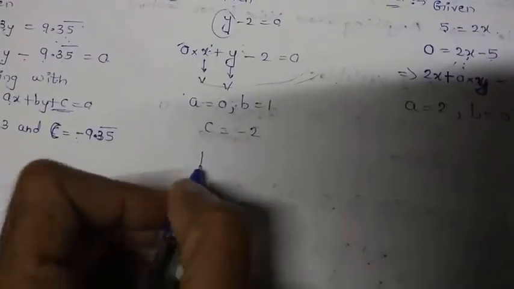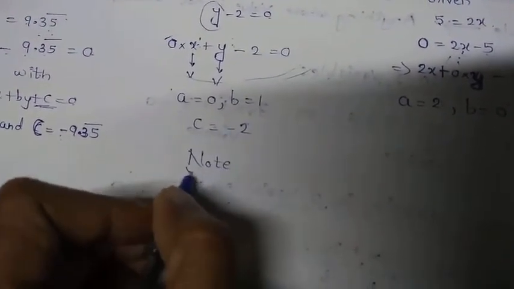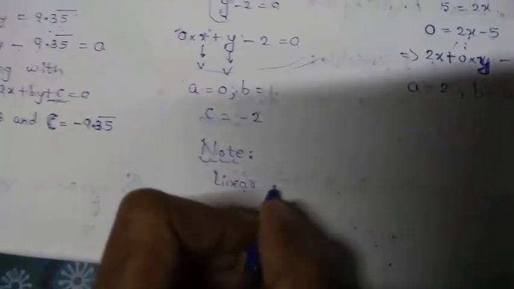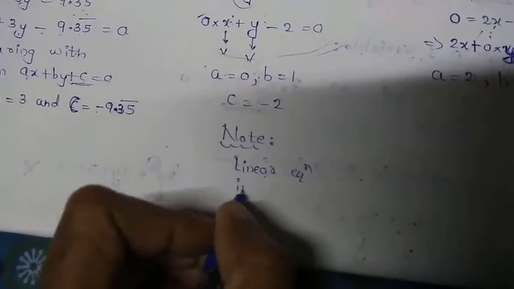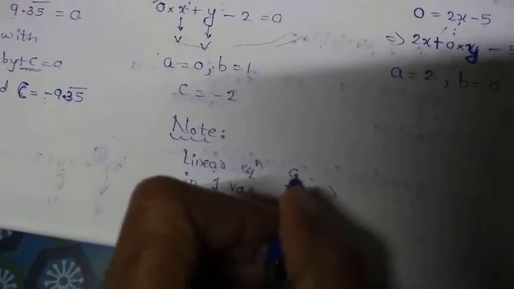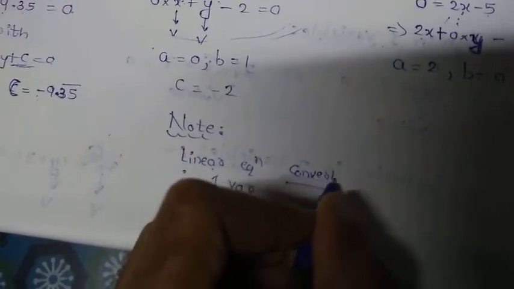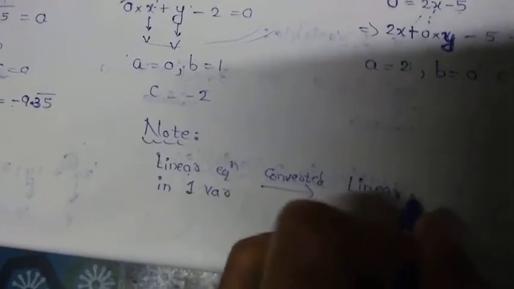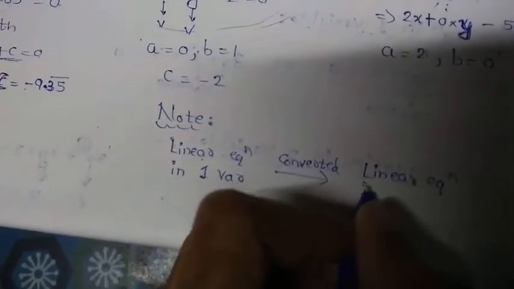So hence we come across a note here. What is the note? It is an important result, that is, a linear equation in one variable can be converted to a linear equation in two variables, right?